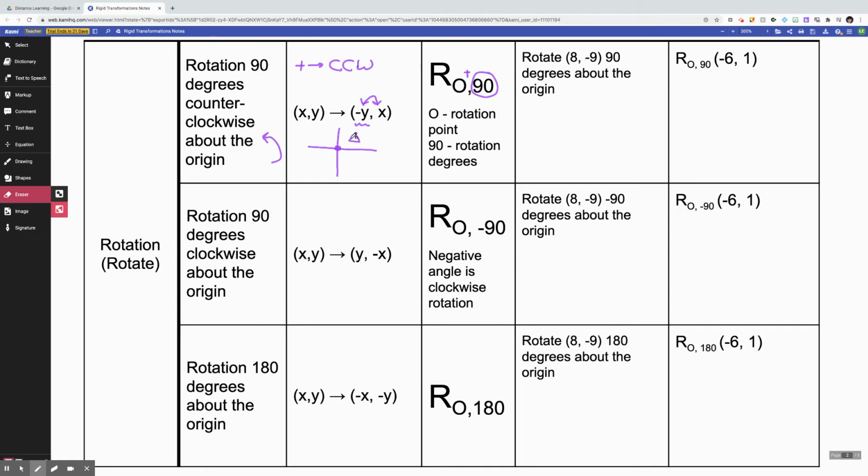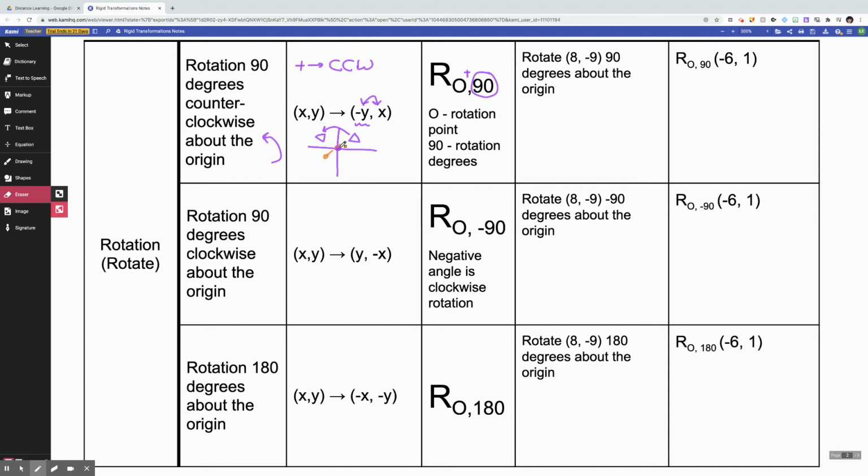So I can take this triangle and rotate it 90 degrees this way, right? And I can actually track those points. But if I move this point, say, down here, you have to draw the actual circle in, which you'll see when I do some practice problems with these rotations.